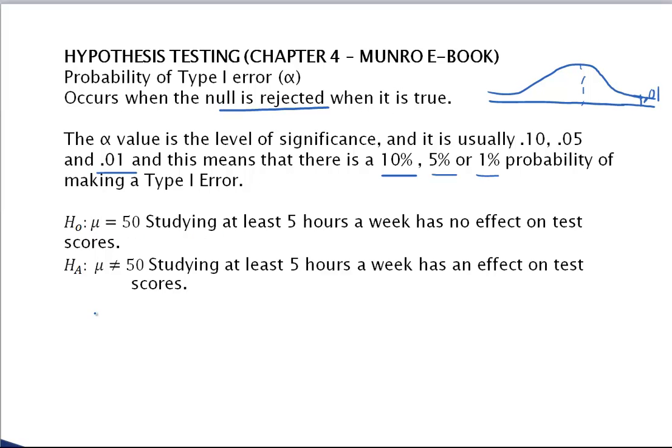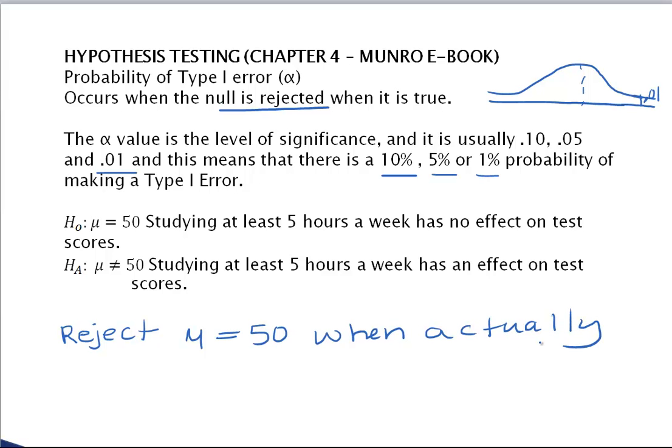So in this case, we would reject that mu equals 50 when actually it is true.